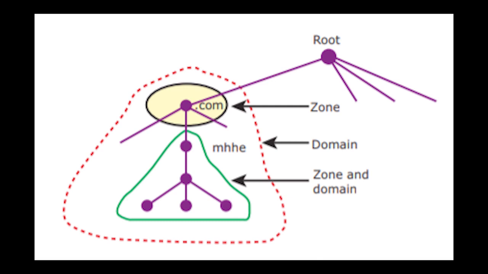Every zone has a server which will have a database, and that is called the zone file. Zone file means every zone will have a server there. That server only will have the database. Using this zone file only, the DNS server will give the reply for the queries given about the host in the zone.